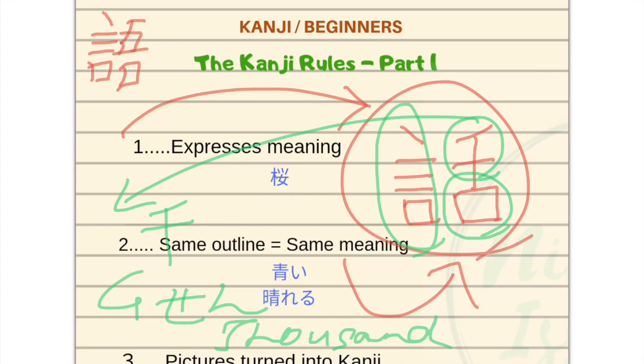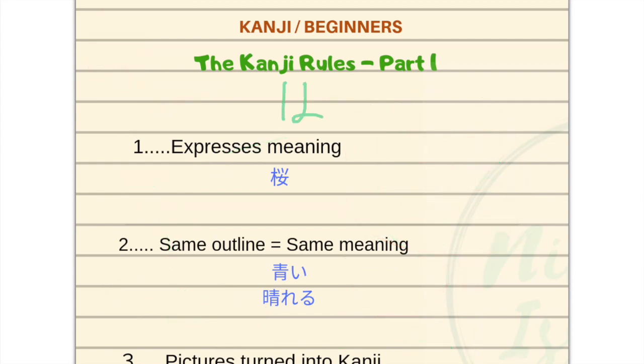So 1000, this kanji represents a story, or hanashi. This is the kanji that we have. So for this kanji, we can use both rules 1 and 2.